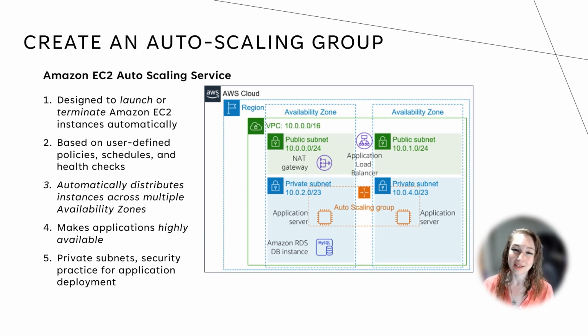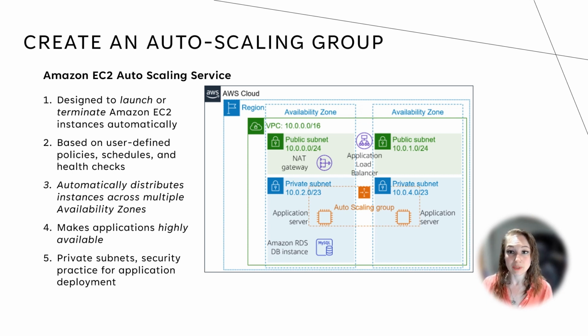Creating an Amazon Machine Image is one of the steps. Create it from the existing web server. This will save the contents of the root volume for the web server so that new instances can be launched with an identical configuration and guest operating system. Then create a launch template.